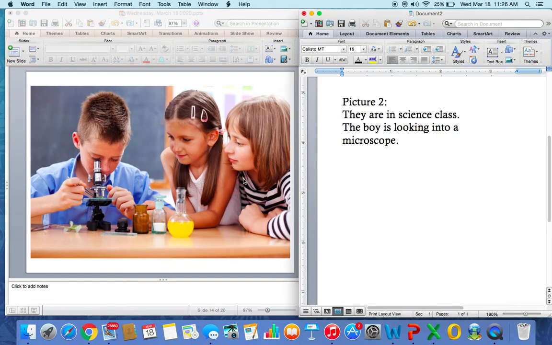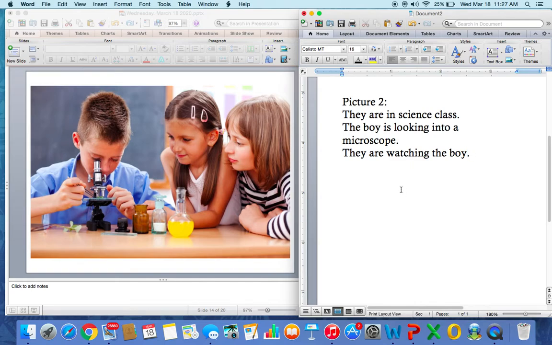And then you can see that they are watching. They are watching the boy. So that's another sentence we can write. And don't forget to capitalize that first letter and to always put a period at the end of the sentence.